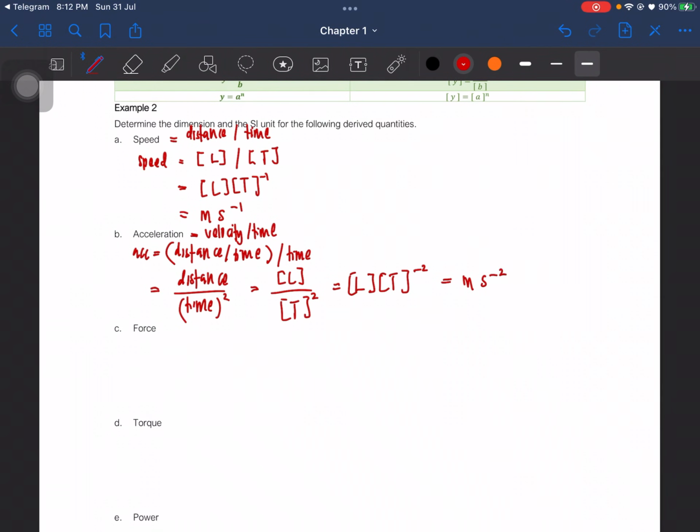Next, force. Force is equal to mass times acceleration.